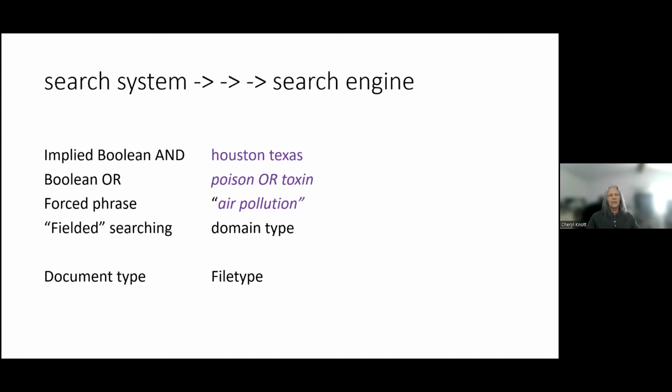And you can also, in most commercial databases that index scholarly journals and other material, use a document type. You can search the index for document type and limit just to articles or books or dissertations or book reviews. You can do that right on the search screen.